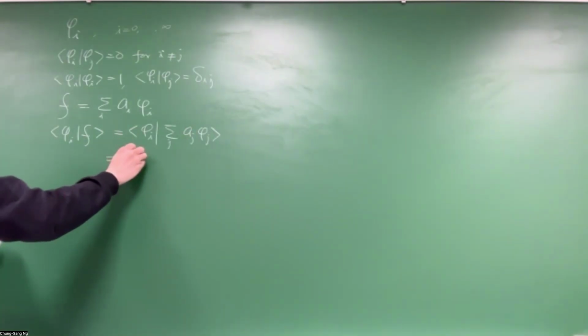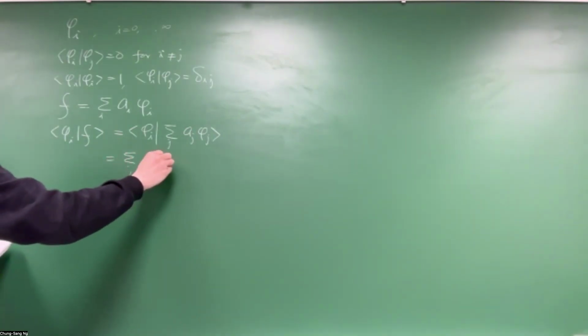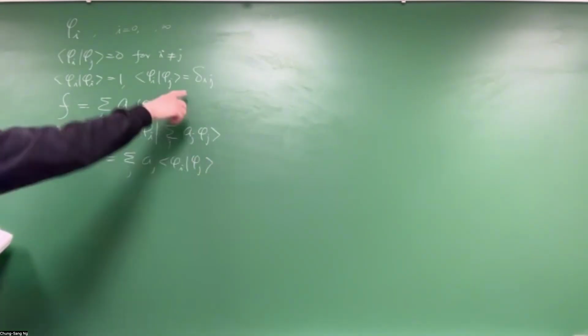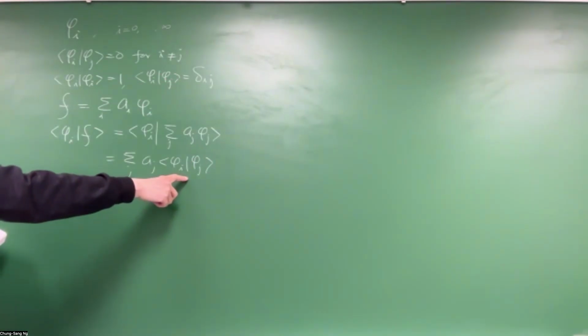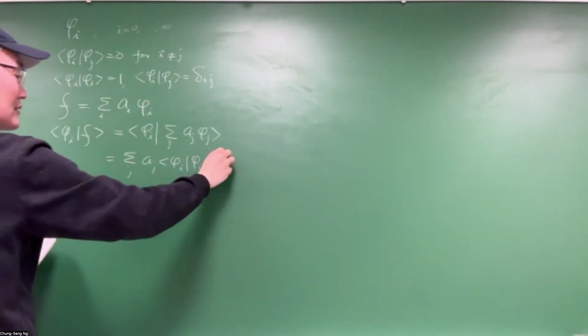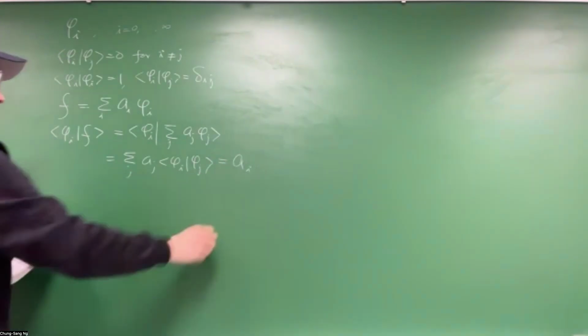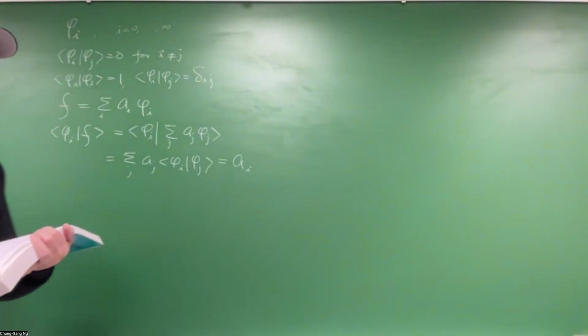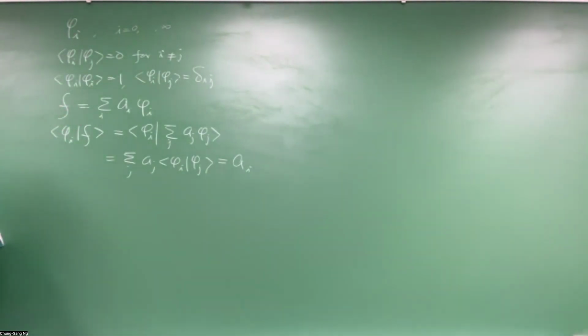So that is the sum over j of a sub j times the scalar product of phi j and phi i, which is the Kronecker delta. Sum over j, meaning this will give you the answer, a sub i.